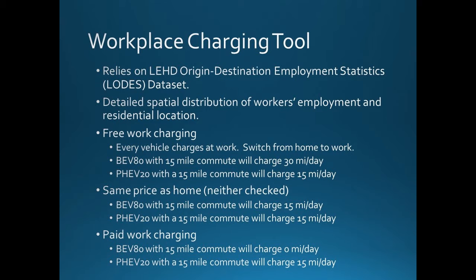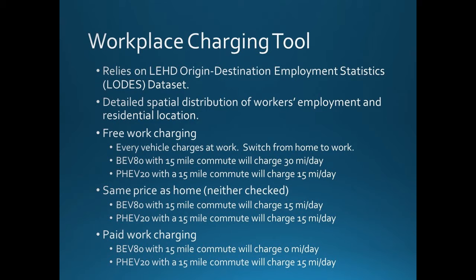And then with those, we look at some of those behaviors based on our research. So for example, if it's free workplace charging, every vehicle charges at work. They switch from home to work to the amount possible. So if you were a BEV 80 with a 15-mile commute, you would charge 30 miles per day at work.